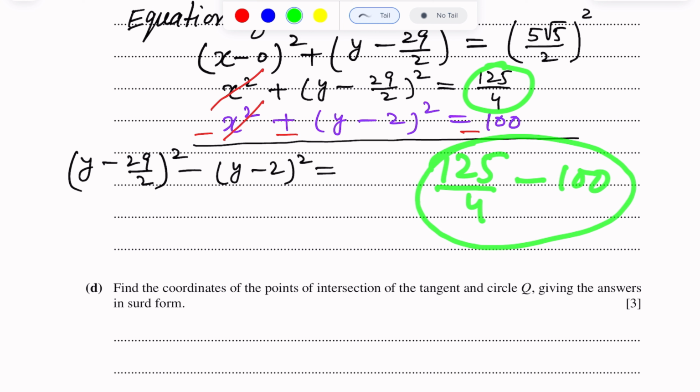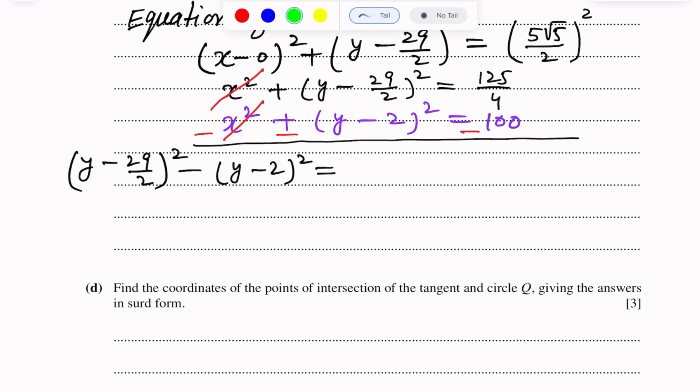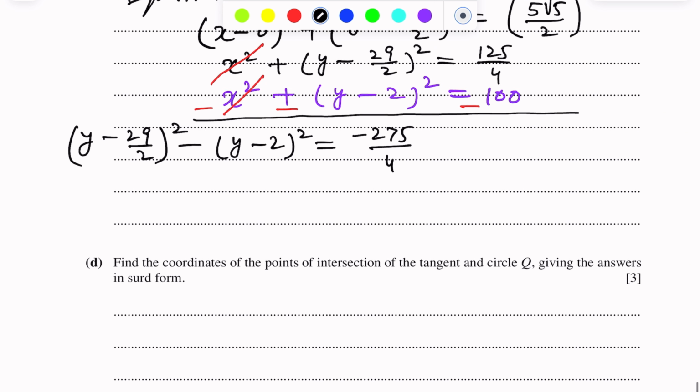After simplifying, we get minus 275 over 4. Now expanding these.